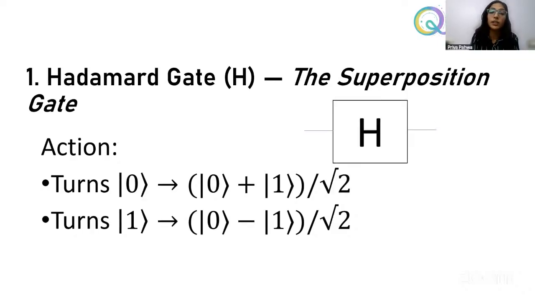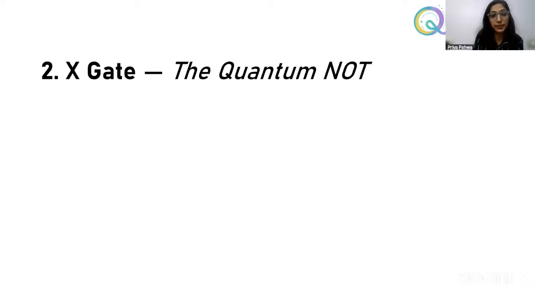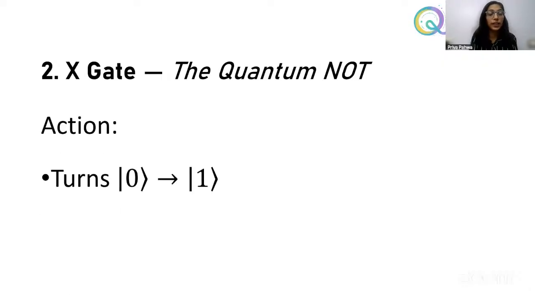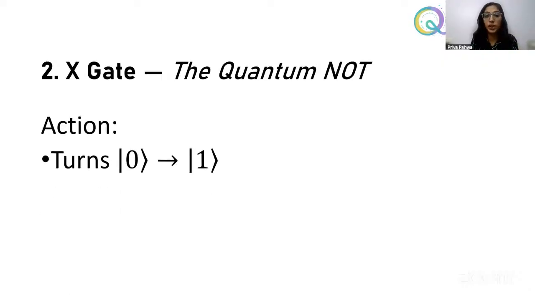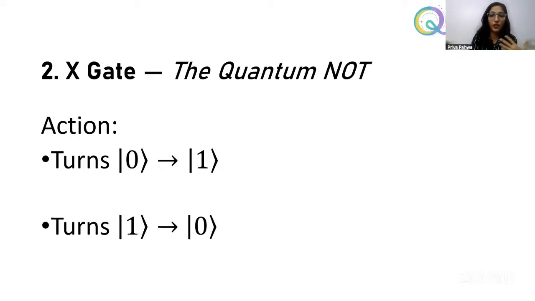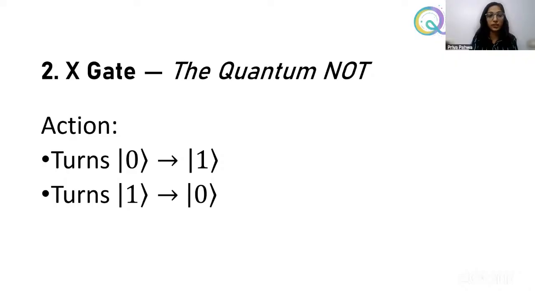Now, moving on, let me talk about the X gate, that is the quantum NOT gate. Here, if I give my input as ket 0, it will turn to ket 1, and vice versa. If I give ket 1, it will turn to ket 0. The analogy I would give is a flip, like switching a switch on and off.